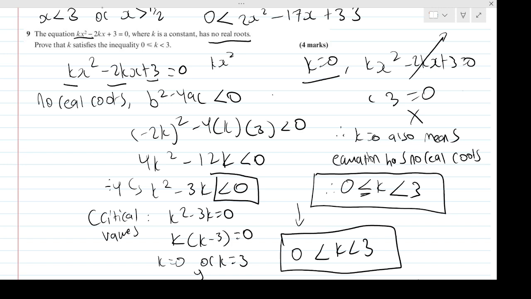That x squared exists. But if we had 0x squared, then the x squared goes away. So it wouldn't be a quadratic, which means we wouldn't get a quadratic inequality. So it wouldn't be part of this solution. That is why we needed to consider k = 0 as well: this answer does not consider what happens when the x squared term goes away, because we have a quadratic inequality.